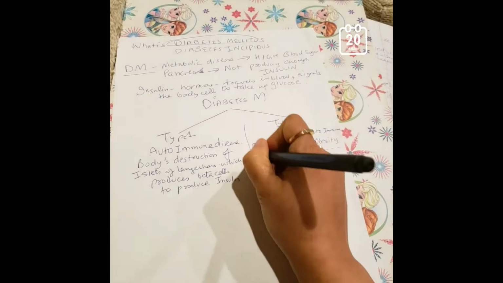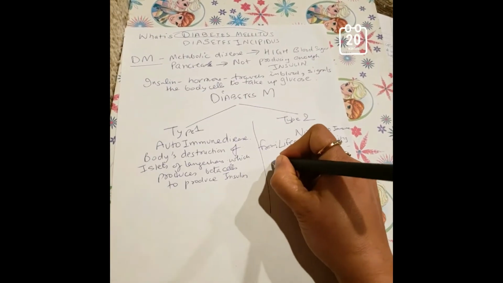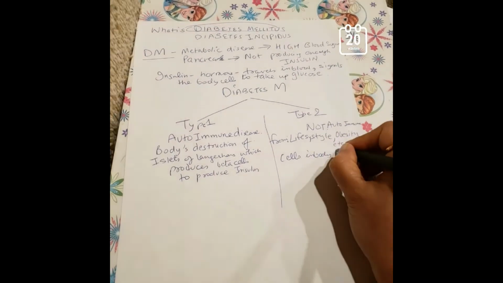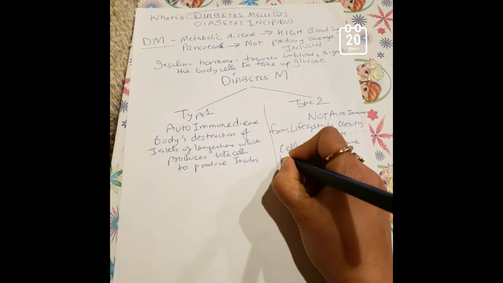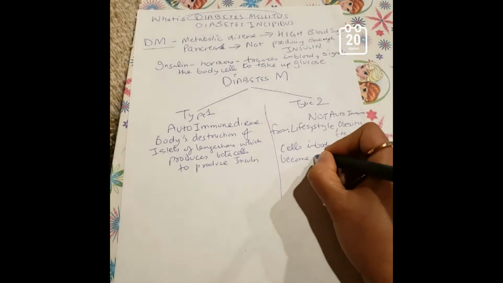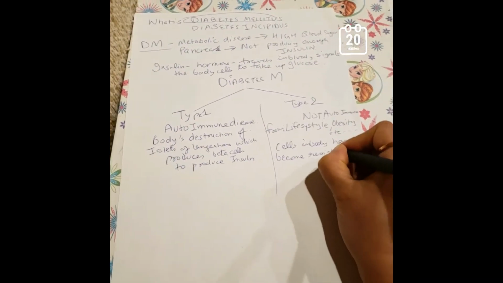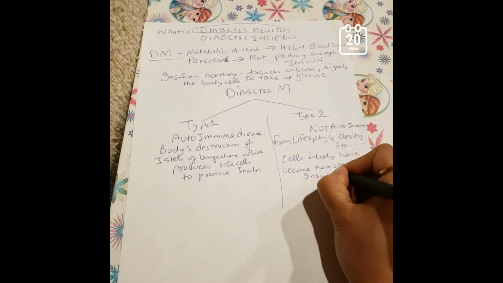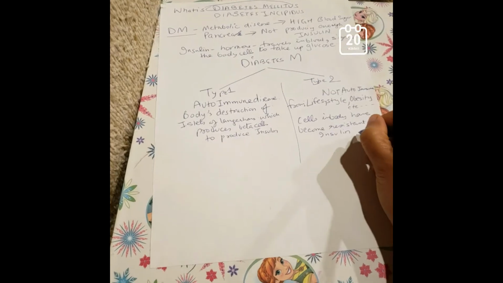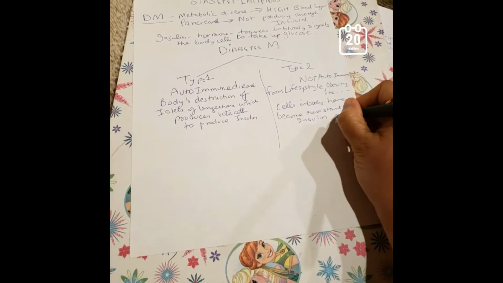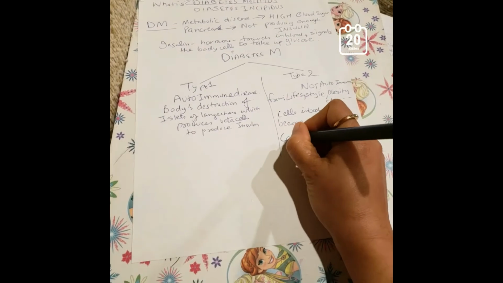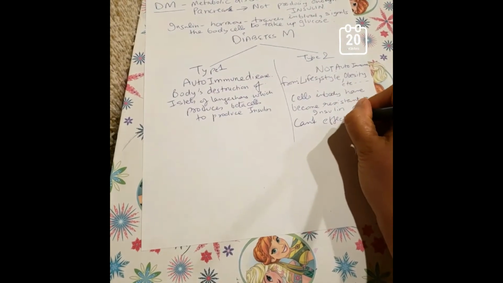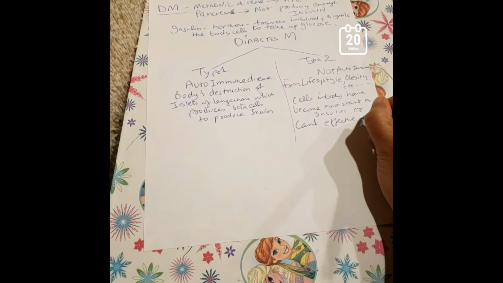And in type 2, the cells in the body have become resistant to insulin, or can't effectively use the insulin it makes.